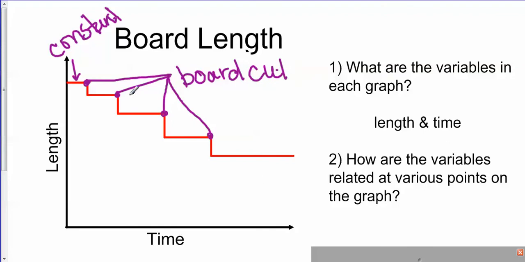So that's showing what's happening there. Now, this one is staying flat and it's not being cut again, which means that you probably have the desired length there. It's not being cut anymore. That's what's happening at those points of the graph. If you can point out what is actually happening in real life on the graphs, then that means that you're completely understanding that graph.